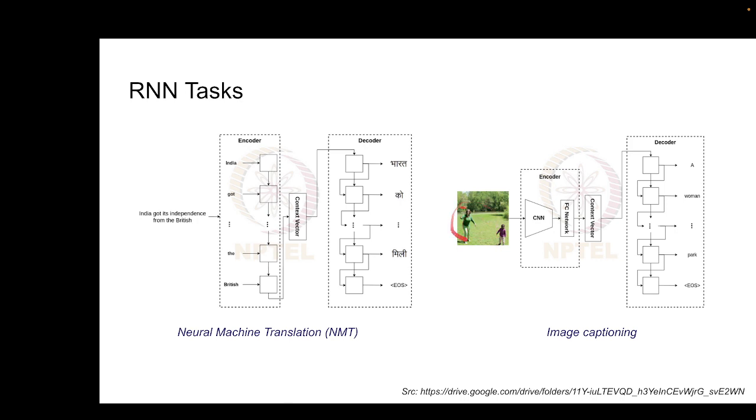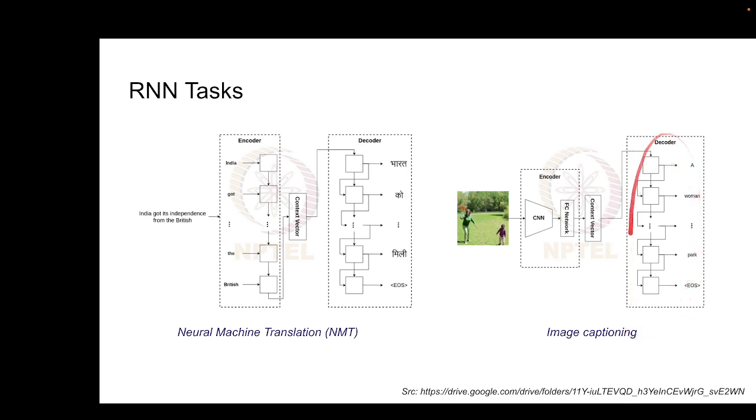Now you pass this image onto an encoder. This encoder comprises a CNN and an FC network, and its output is summarized as a context vector, which is sent to a decoder, whose work is to generate the output sentence.